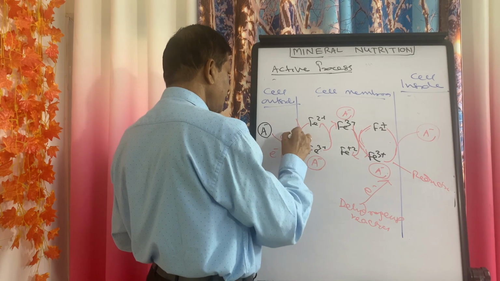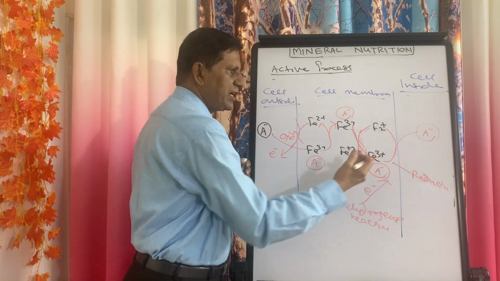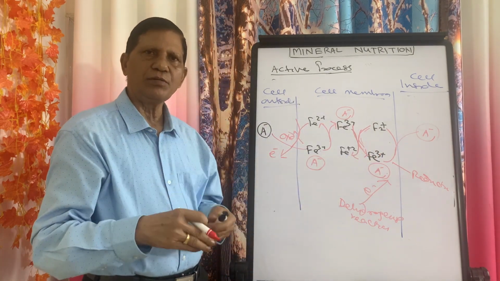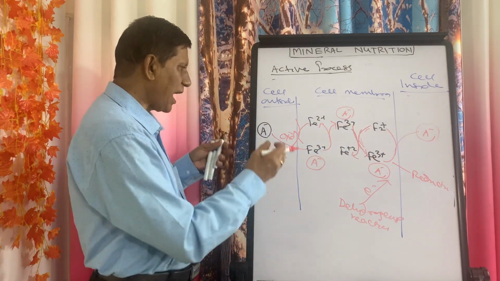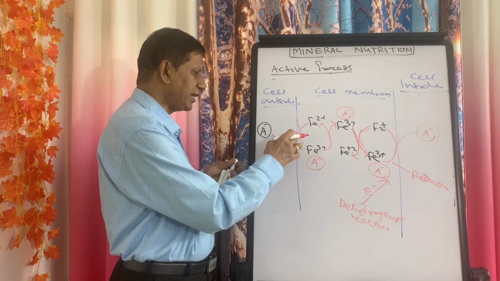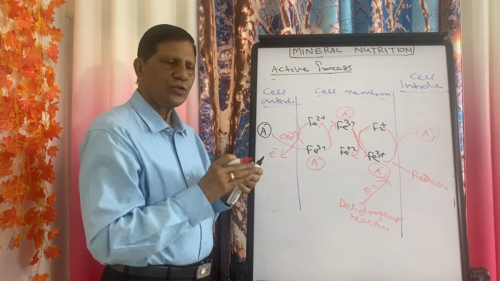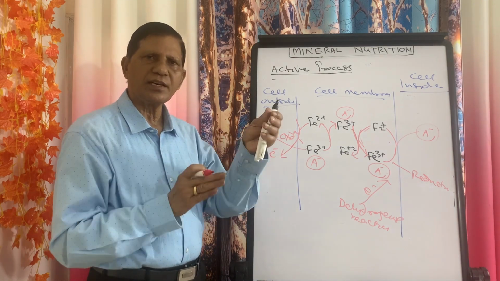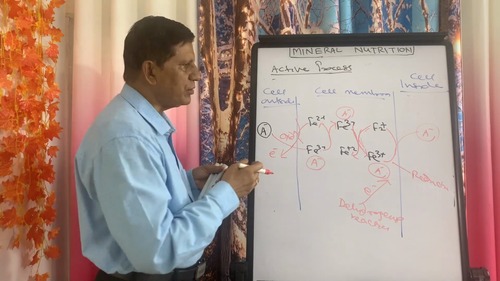That means oxidation is taking place. So always on the inner side of the cell membrane there is reduction due to addition of electrons, and the anion is released. On the outer surface of the cell membrane, the electron is released, so oxidation takes place and the anion is accepted. So by alternate oxidation and reduction through ferrous and ferric ions, it moves inside.